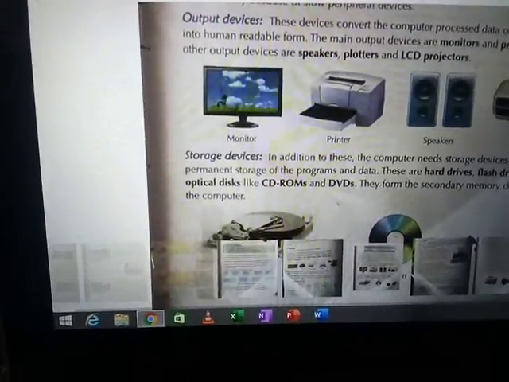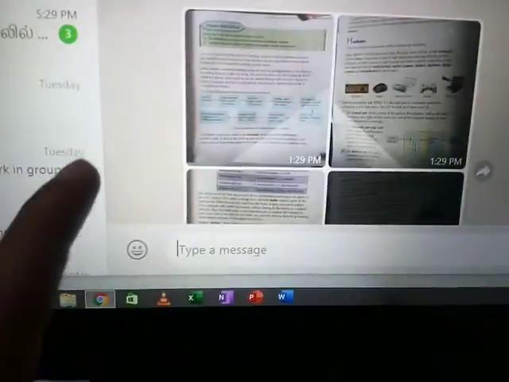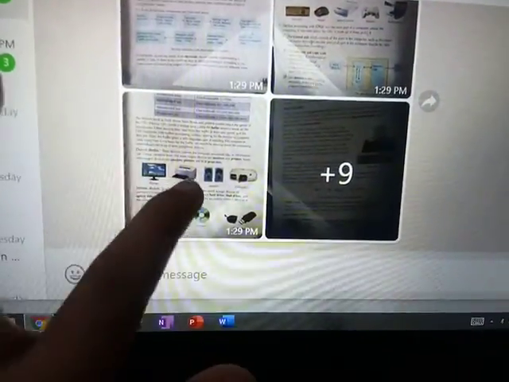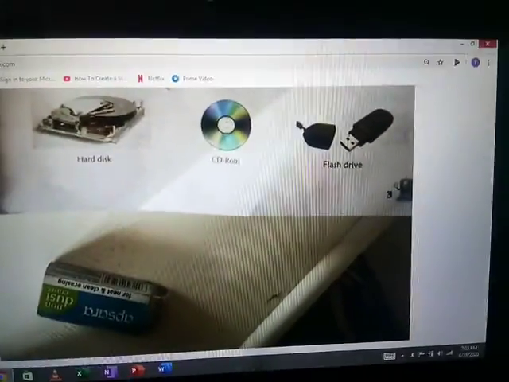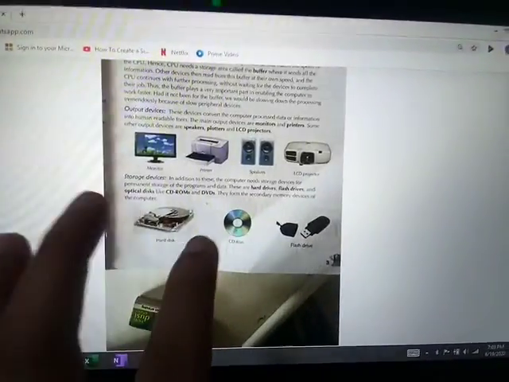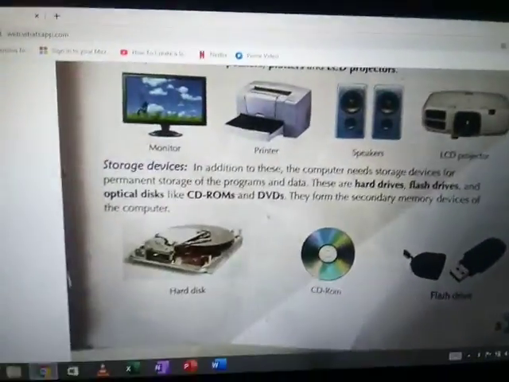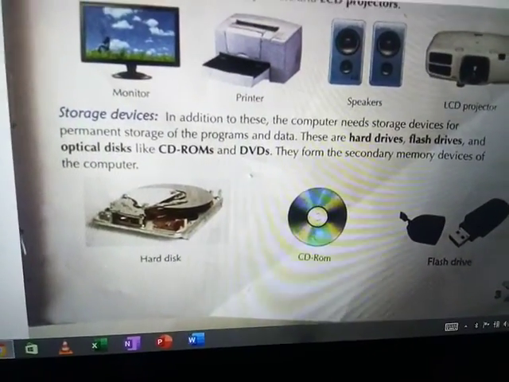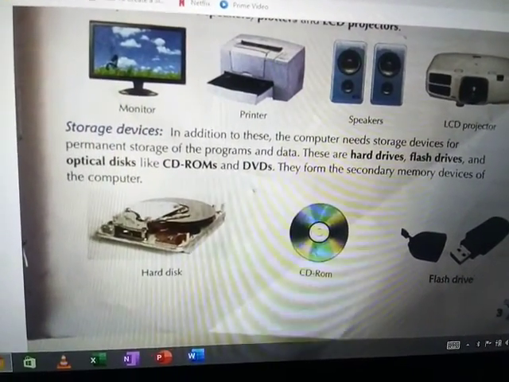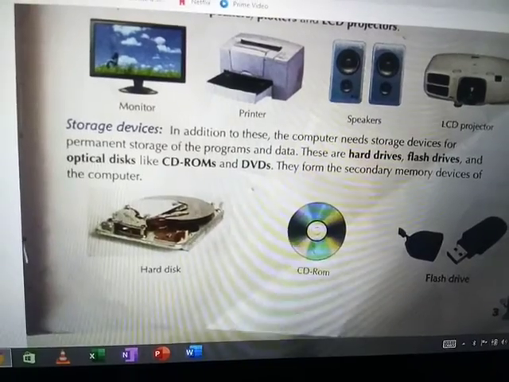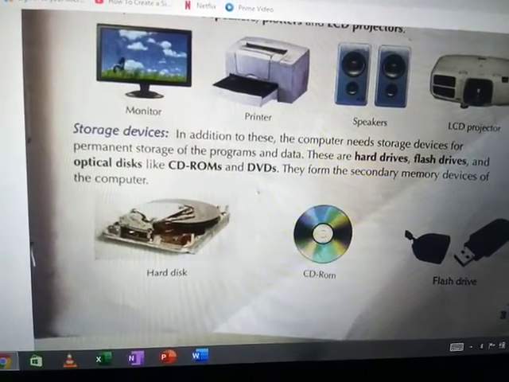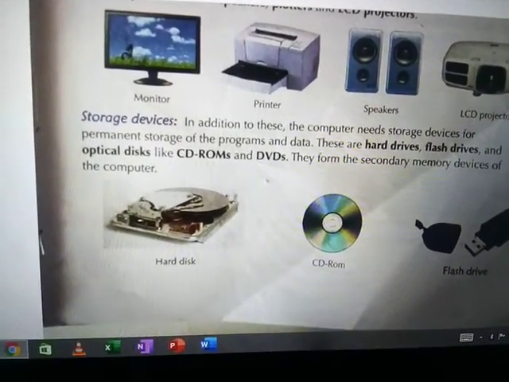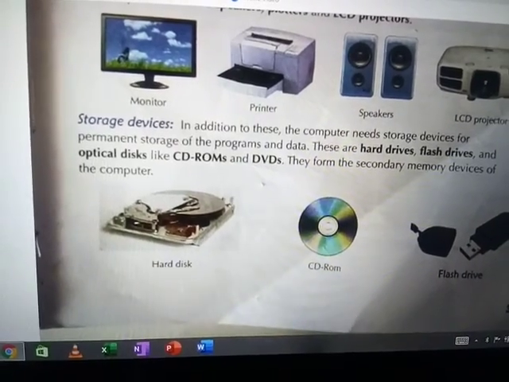Finally comes the storage device. This is also a hardware device. In addition to this, the computer needs a storage device for permanent storage of data. Now we saw input device, output device, processing device.